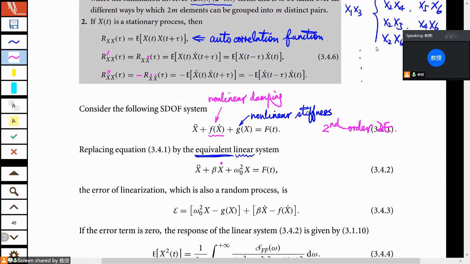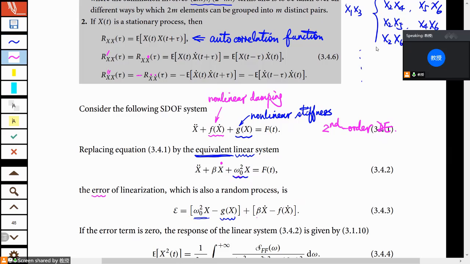Okay, the error of linearization, meaning the error in replacing the nonlinear system by the equivalent linear system, is given by this. Okay, so the difference between the stiffness terms. So that's the linear stiffness, and this is the nonlinear stiffness.